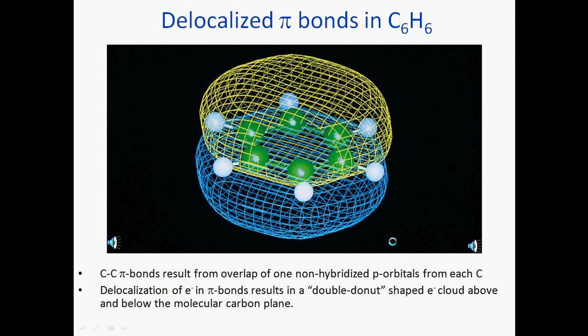If you remember, benzene is a hexagon with alternating double bonds. That's one structure. In the other structure of benzene, these double bonds travel.